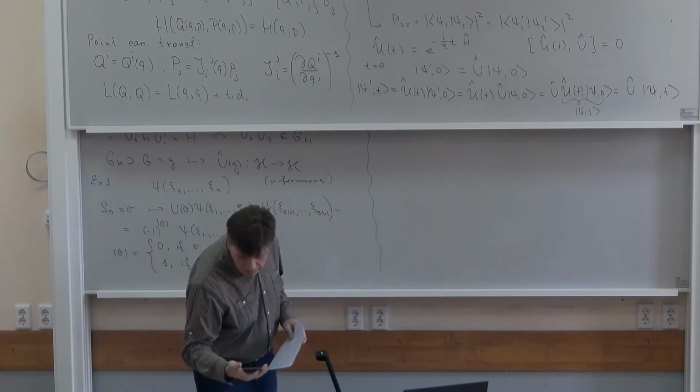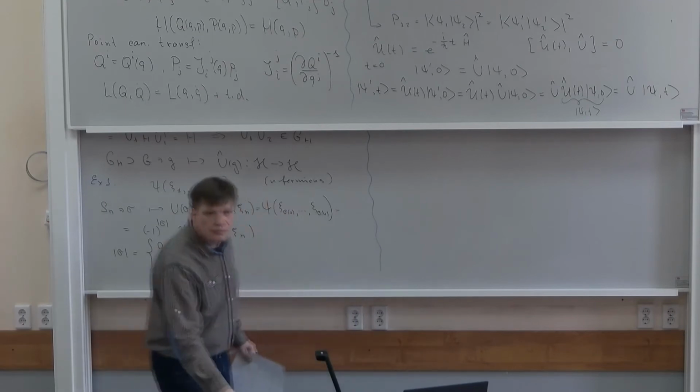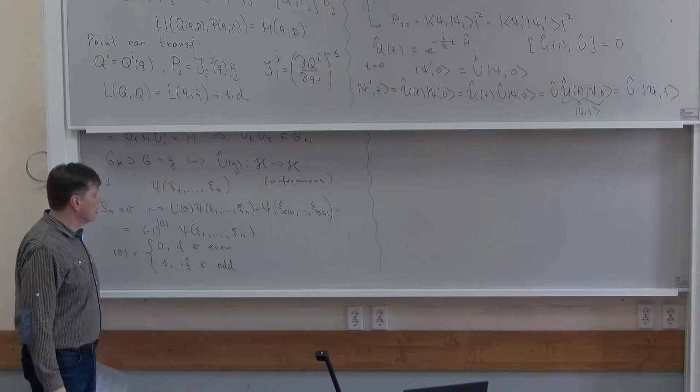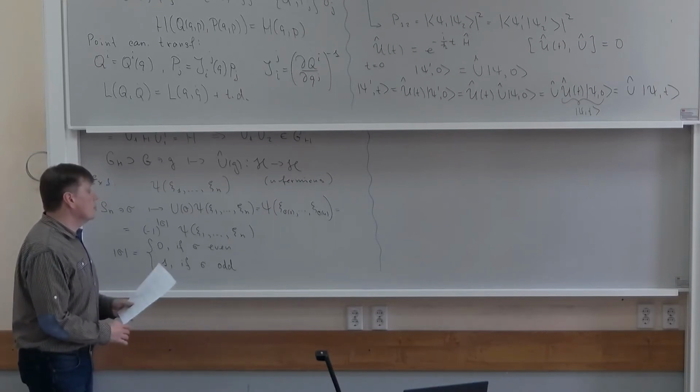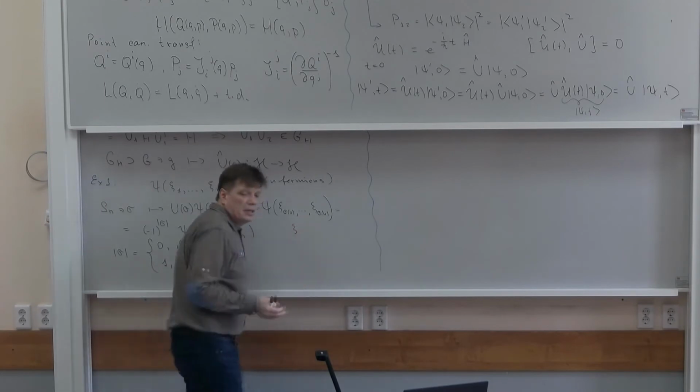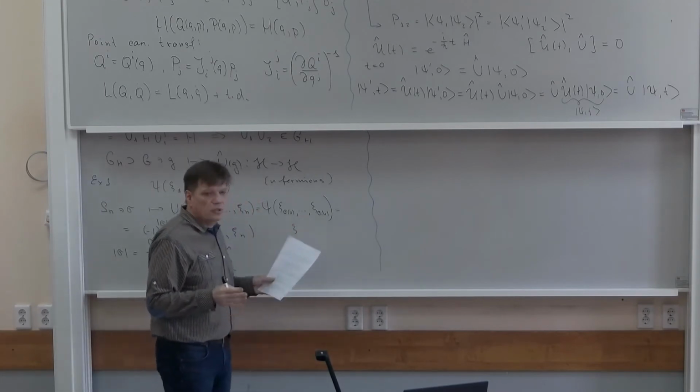We have a complete set of variables x1 to xn, and what part of this set is spins? It depends on the representation. The complete set of variables is not unique.